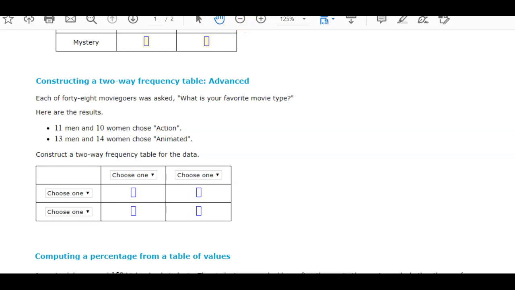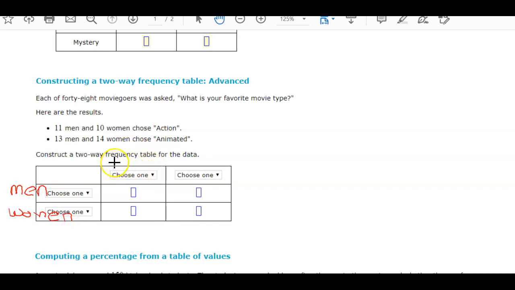So what we're going to do is come on over to this section here. And why don't we go ahead and put men here. And let's go ahead and put women here. Okay. And then we have action and animated.